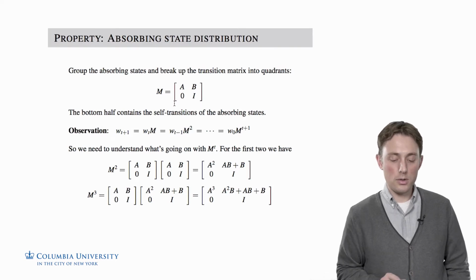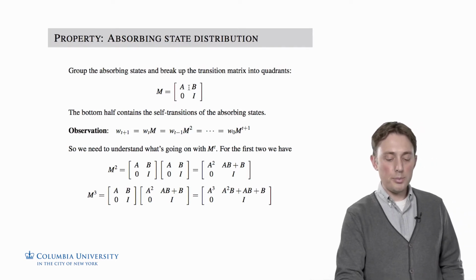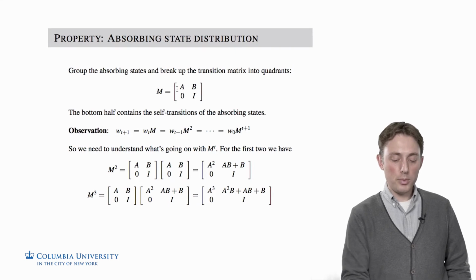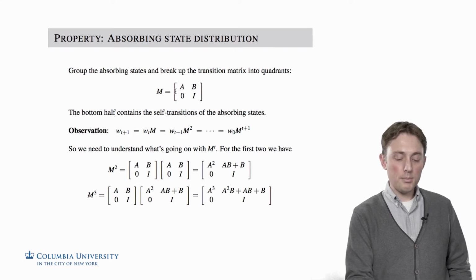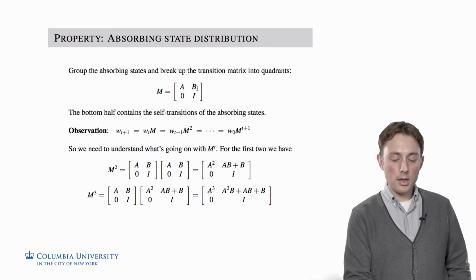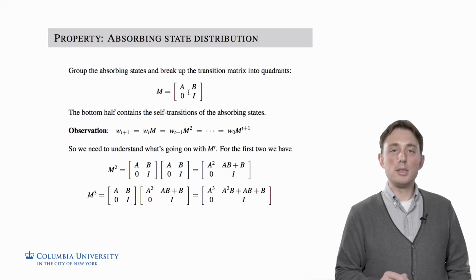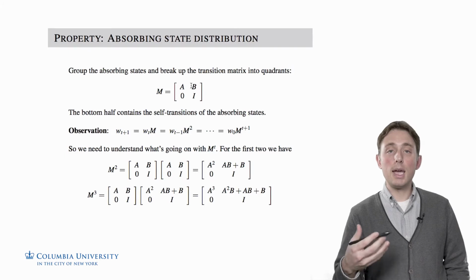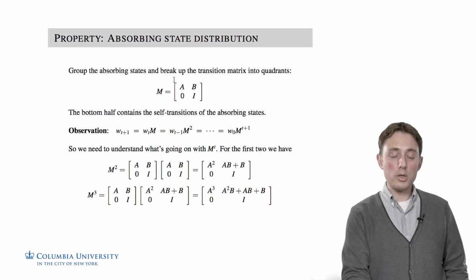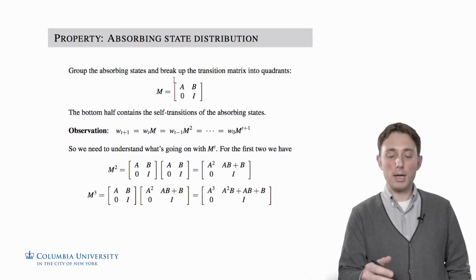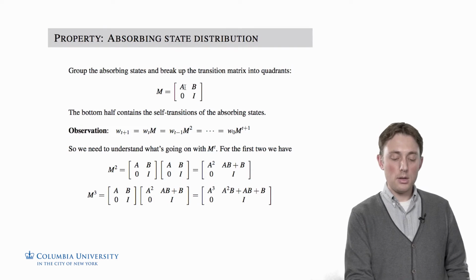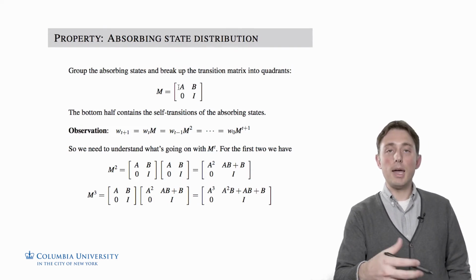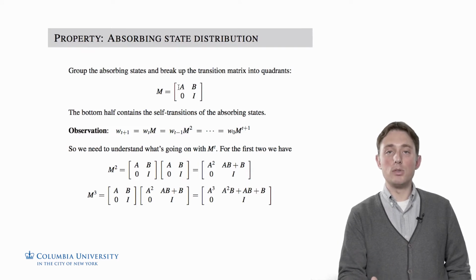According to this construction, now let's break up the top half, which is going to be s minus k rows and s columns, the same way that we broke up the bottom half. So B is going to be an s minus k by k dimensional matrix. A is going to be an s minus k by s minus k square matrix.